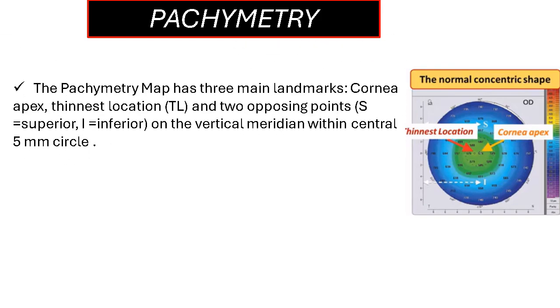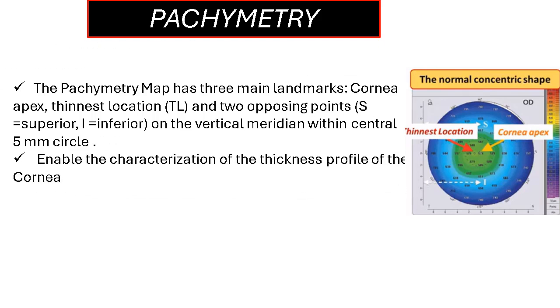And the important landmarks are the corneal apex, that's the pachy-apex, the thickness of the cornea over the corneal vertex, and the thinnest location of the cornea. The third thing is the opposing 2 points, the superior and inferior point along the vertical meridian within a central 2 millimeter circular zone. These are very important to understand the corneal pachymetry.